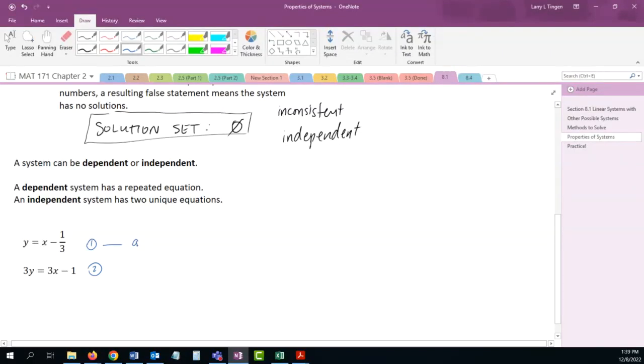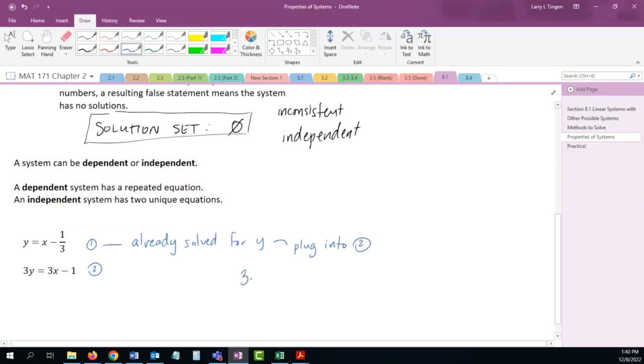Equation 1 is already solved for y. Look at that, right? y is equal to x minus 1/3. So I'm going to take exactly what's in equation 1, and I'm going to plug this into equation 2 and see what I get.